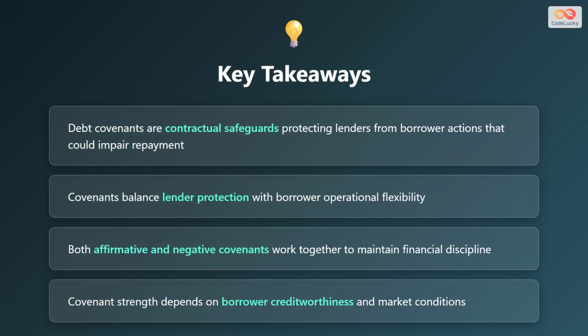Let's review the key points. Debt covenants are contractual safeguards protecting lenders from borrower actions that could impair repayment. They're not meant to be punitive, but rather to ensure responsible financial management. Covenants balance lender protection with borrower operational flexibility, allowing businesses to function while maintaining financial discipline.